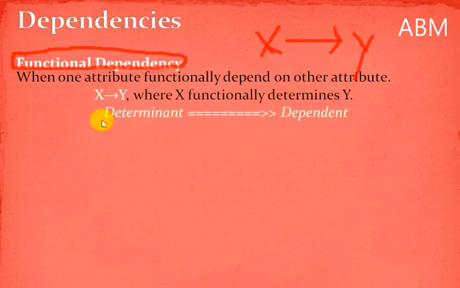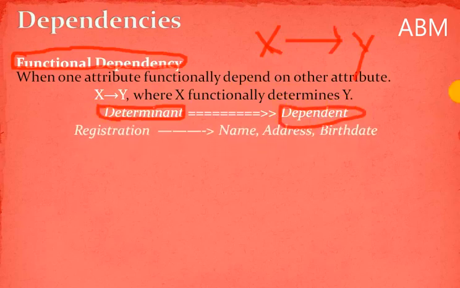So x is called the determinant because it is going to determine y, and y is called the dependent. For example, if we are talking about any student, then the name, address and birth date are determined by the registration number. So registration number is the determinant, and all the other attributes are called the dependent.